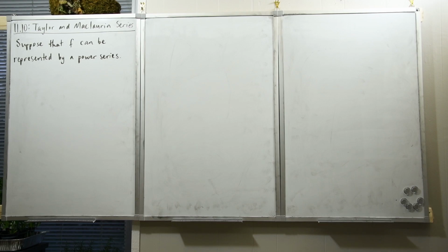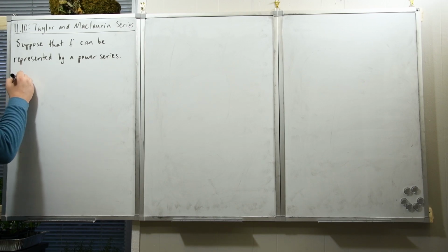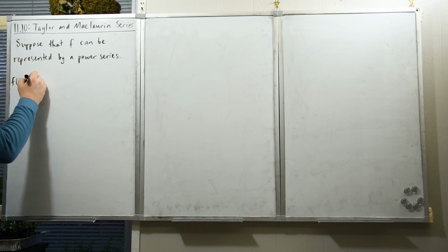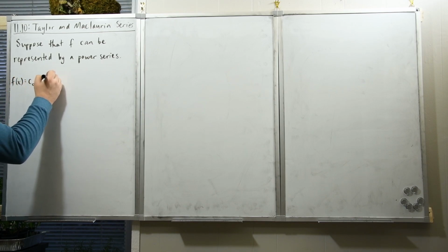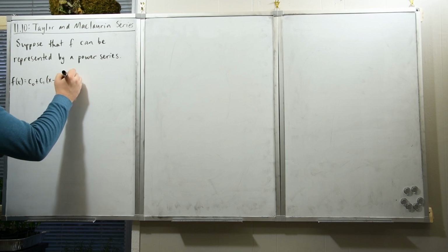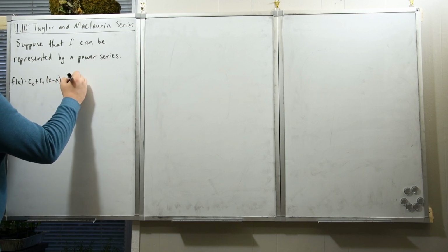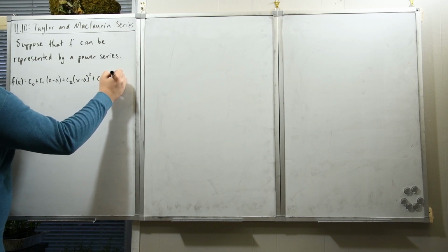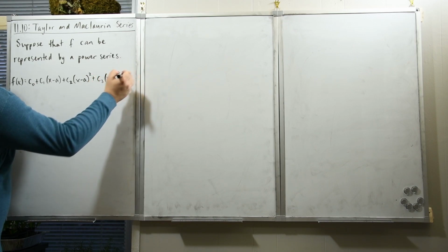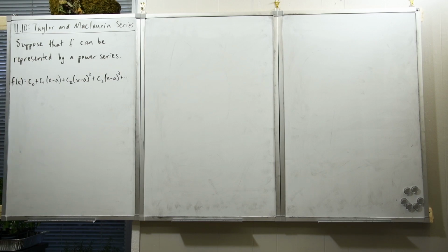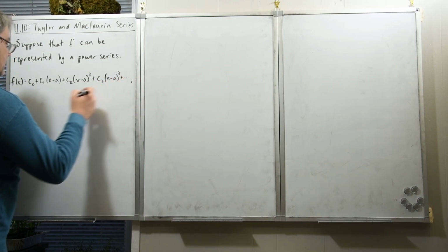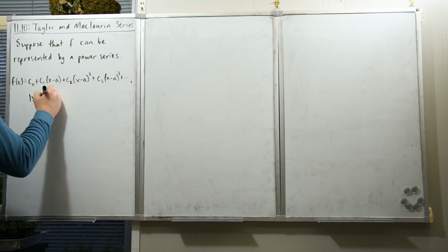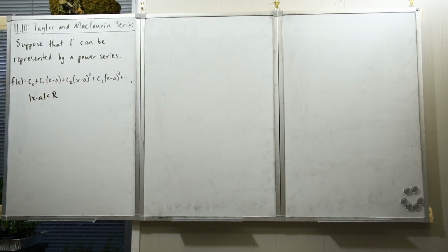Well, if that's the case, then that means that f of x can be written as c sub 0 plus c1 times x minus a plus c2 times the square of x minus a plus c3 times the cube of x minus a, and so forth. And we're going to assume that the absolute value of x minus a is less than our radius of convergence r.